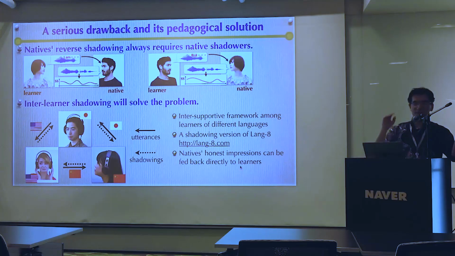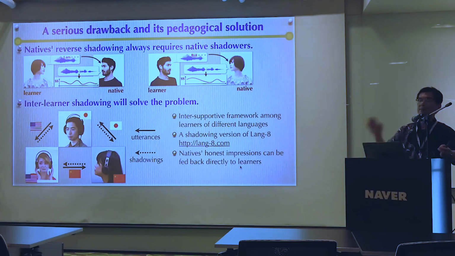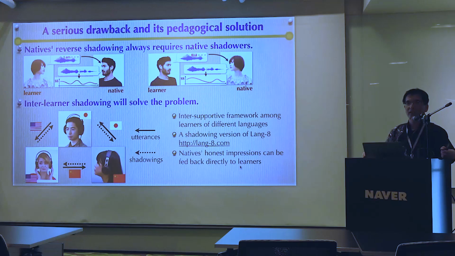But Korean businessmen, Japanese businessmen, when they visit the U.S. and talk in English, they find it difficult to make themselves understood smoothly by native speakers of English. So if they have difficulty being understood correctly by native speakers, somebody has to say, oh, you are still accented. Your pronunciation is not intelligible. So native shadowing cannot tell lies.